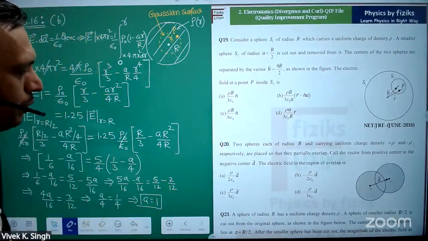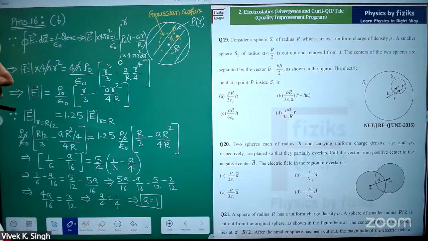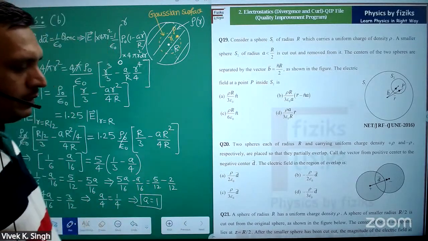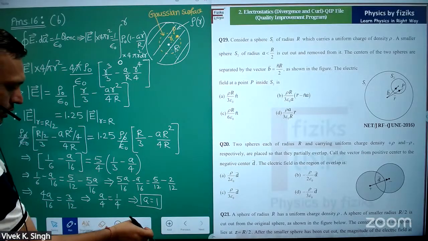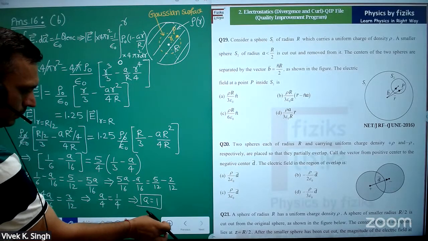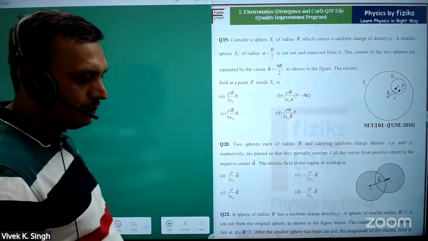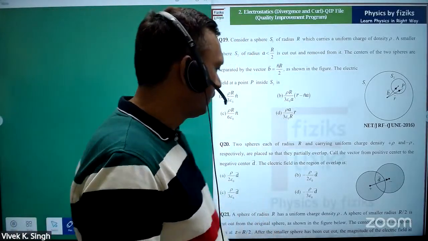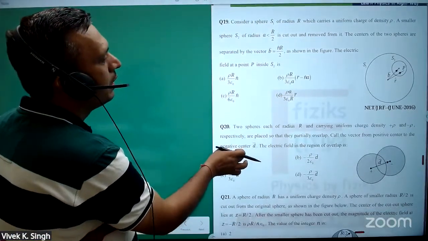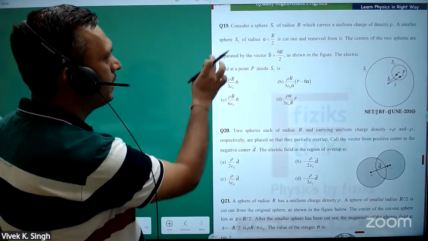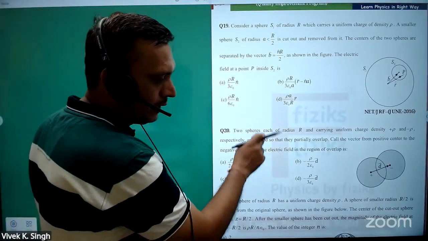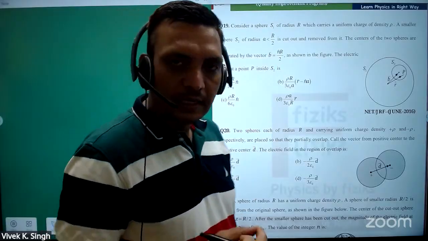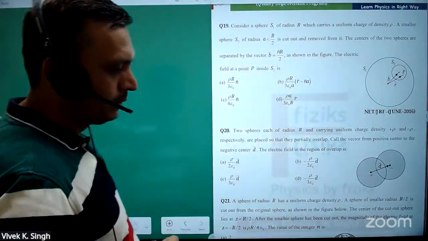Let's first solve this 20 and then solve question number 19. It's a tricky question. Try to solve 20 and 19. First solve 20 and then 19. Then I will discuss. Take 2 minutes and try to calculate it.